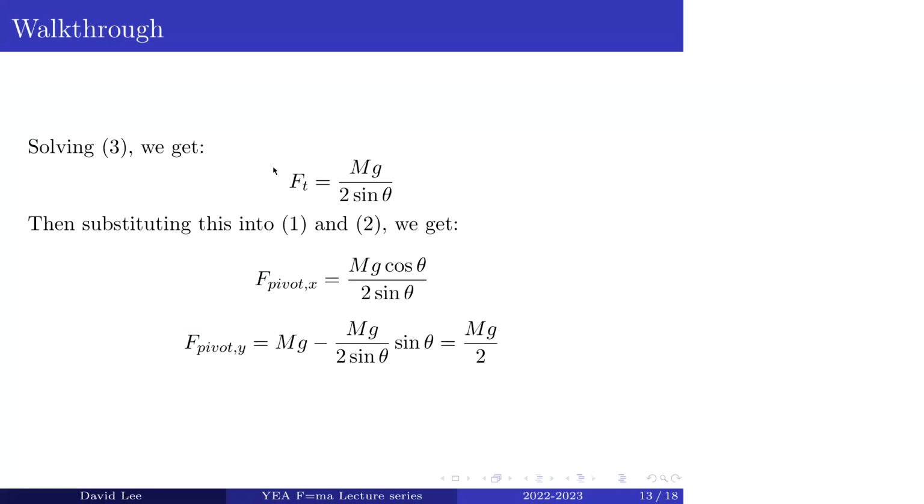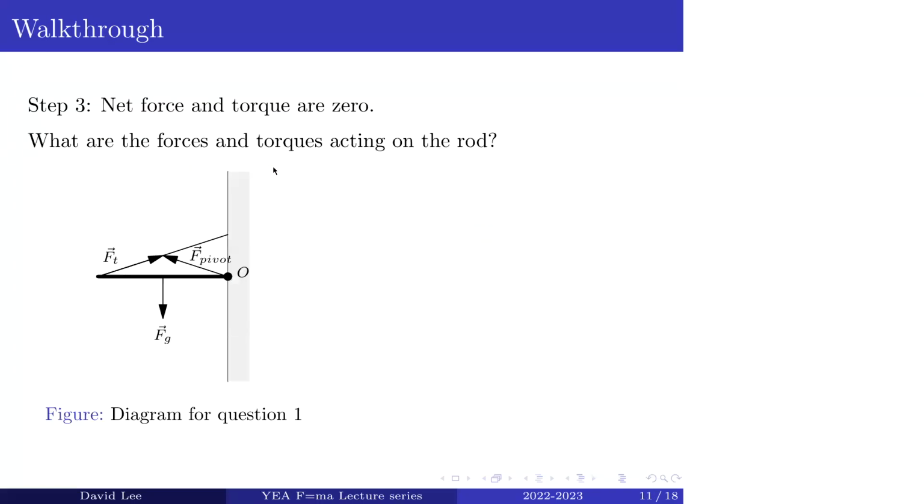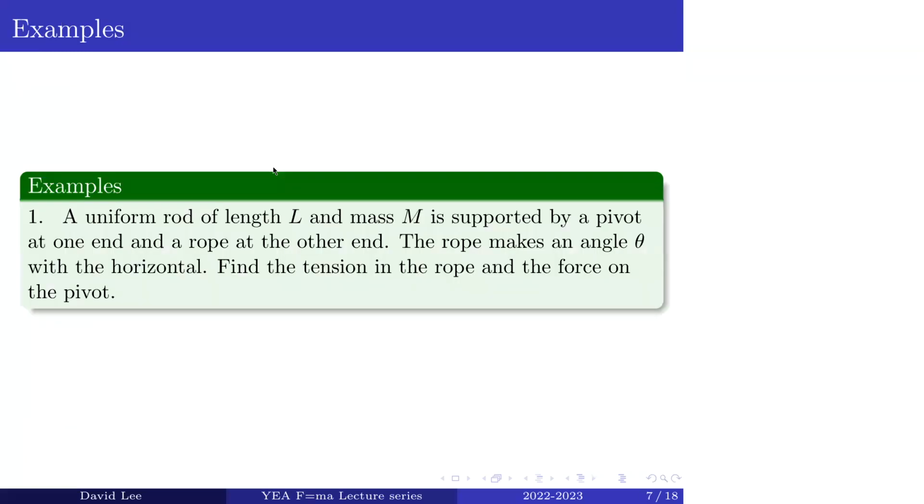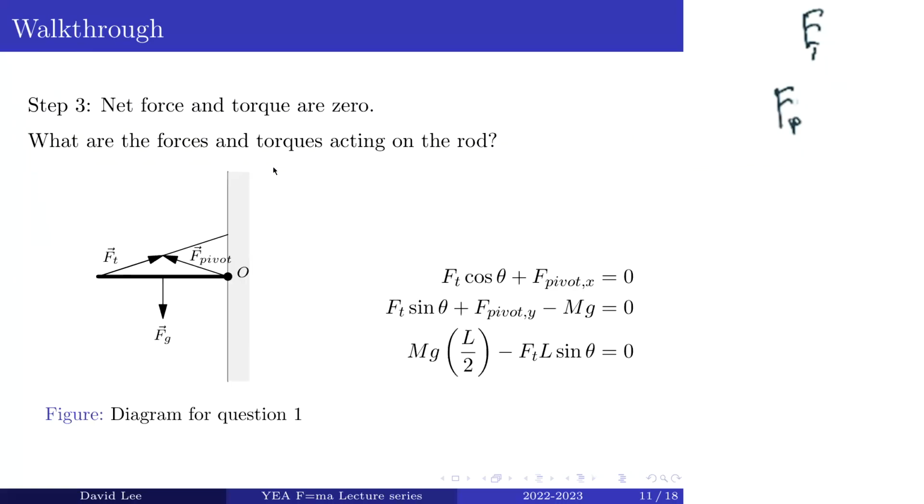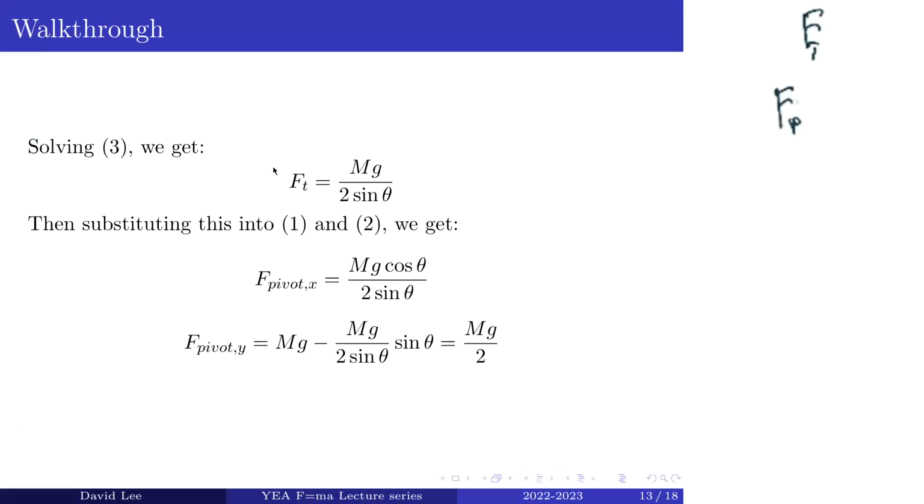Okay, so then that's basically our answer, right? Because if we go back to the problem, the problem asks us to find the tension force and the pivot force. We already know the tension force. So the tension force is equal to mg over 2 sine theta.